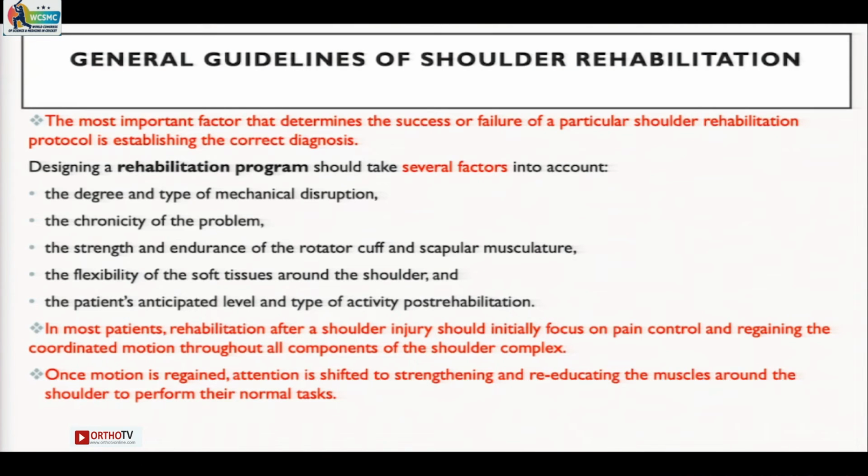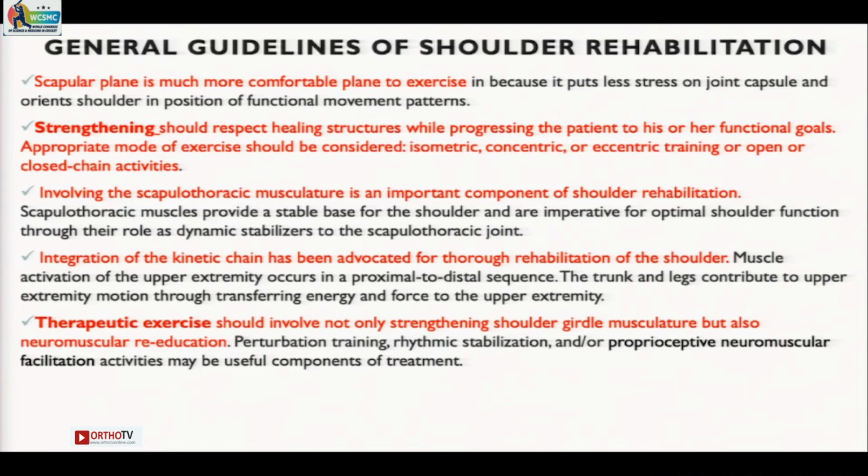So, general guidelines of shoulder rehabilitation: you should make a correct clinical diagnosis and initially go for range of motion exercises, then slowly build the strength of the muscles. The scapular plane is a much more comfortable plane to exercise in instead of the frontal plane, and you should focus more on the scapulothoracic muscles and the integration of the kinetic chain.